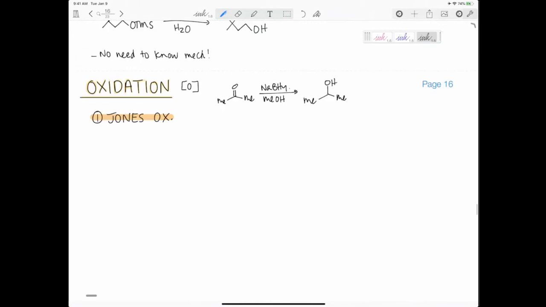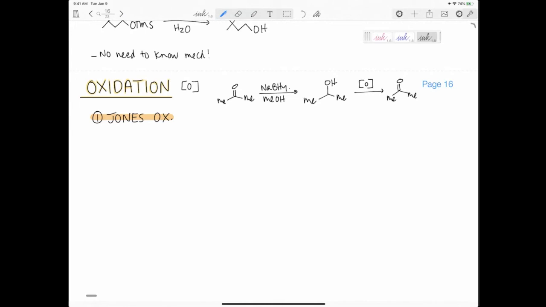And then if we were to go back to the ketone that we started off with, this is what we're going to talk about: basically, the oxidation process here. I'm going to use this notation a lot because there are many ways you can oxidize an alcohol into a ketone.